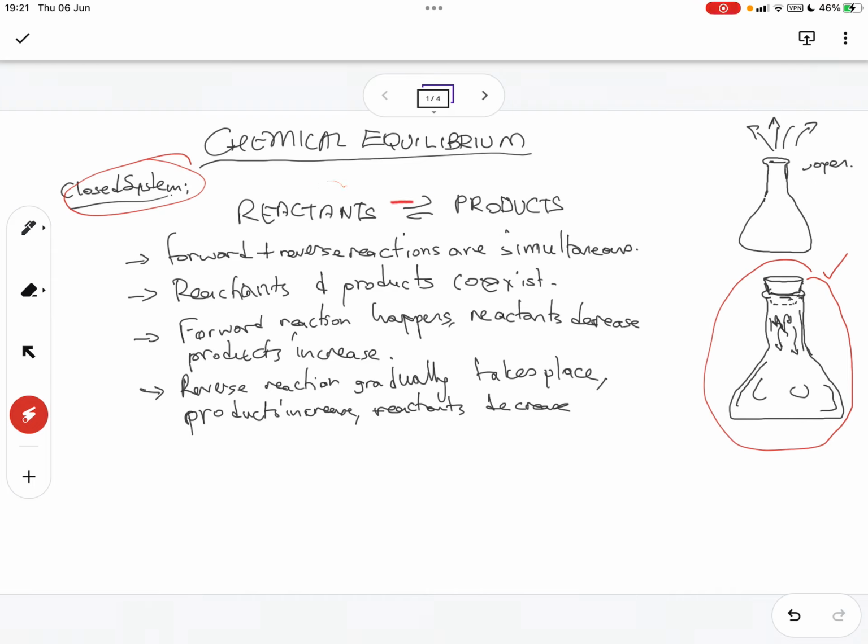Now in that system, the forward and reverse reactions, this symbol shows us a reaction. So the reaction of reactant plus reactant forming products, as well as the reaction of products reacting to form the original reactants, happen at the same time.